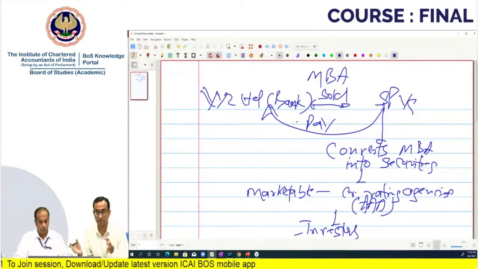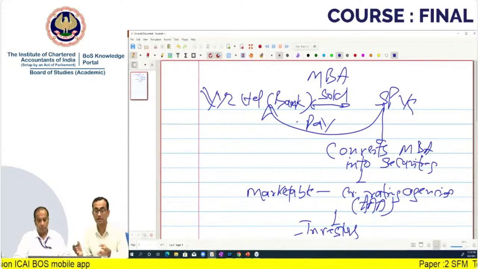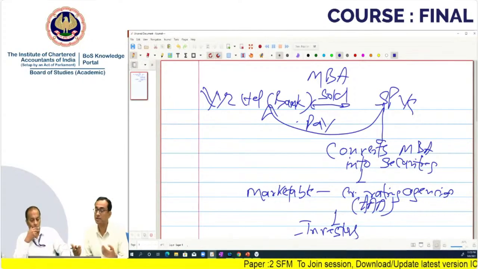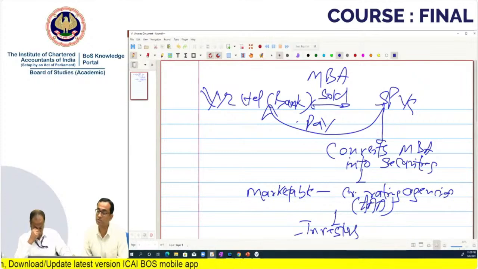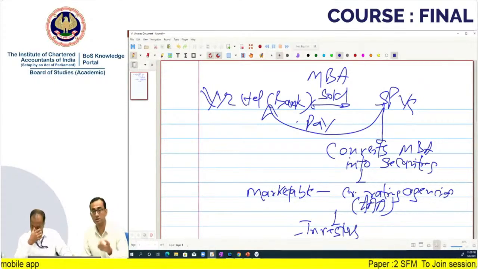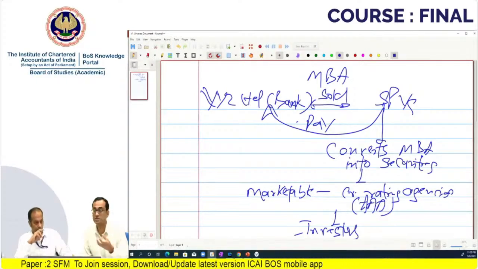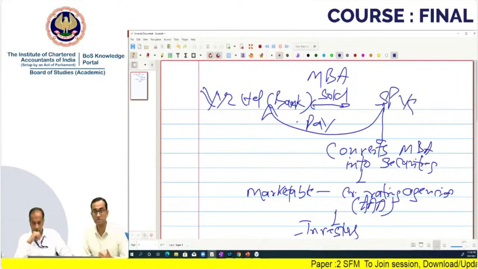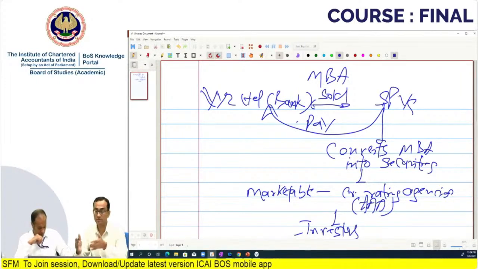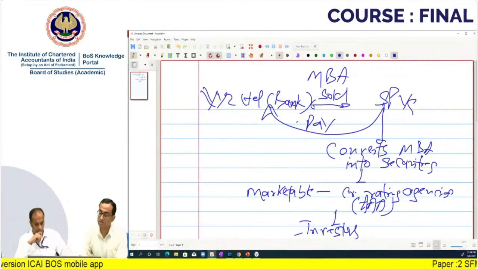So the investors get a safe and diversified portfolio. Everyone benefits. The credit rating agencies get some commission. The entire securitization process is managed by the merchant bankers, who get a fee. The special purpose vehicles, which convert those mortgage-based assets into marketable securities, also get a fee. So everybody is happy with this securitization process.